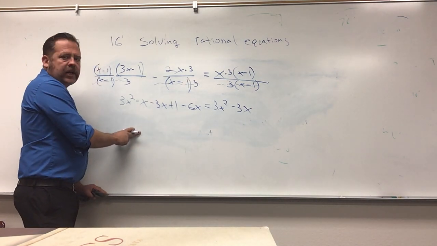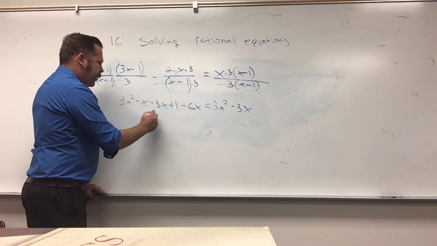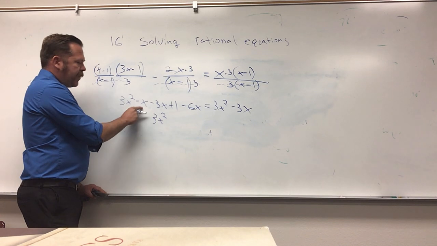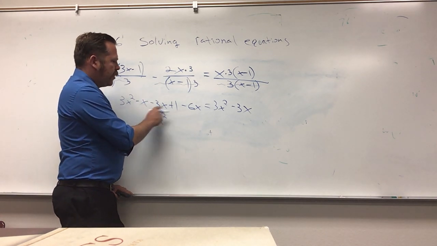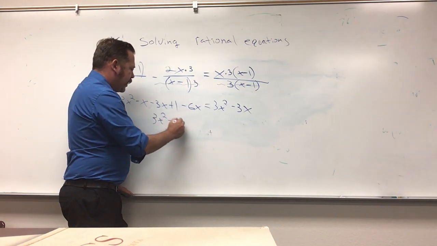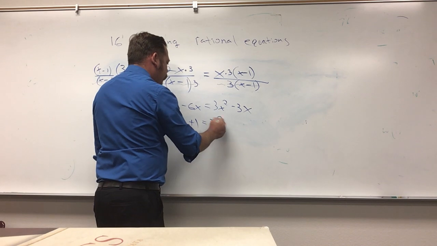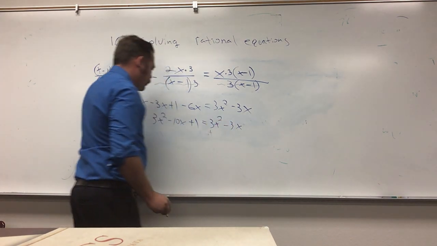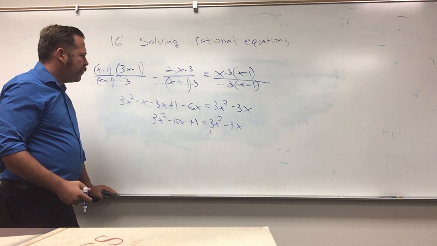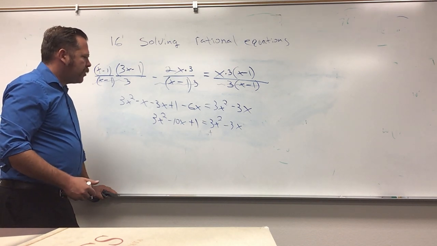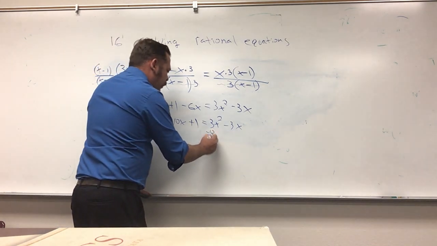All right, so now we're going to solve. Let's clean up the left side by combining like terms. Now I have a 3x squared. Now I'm going to combine my x terms. Negative x minus 3x is negative 4x. Minus 6x is minus 10x plus 1 equals 3x squared minus 3x. All right, so now it looks quadratic, but all those x squareds are going to eliminate, because when I subtract 3x squared from both sides, they all go away.